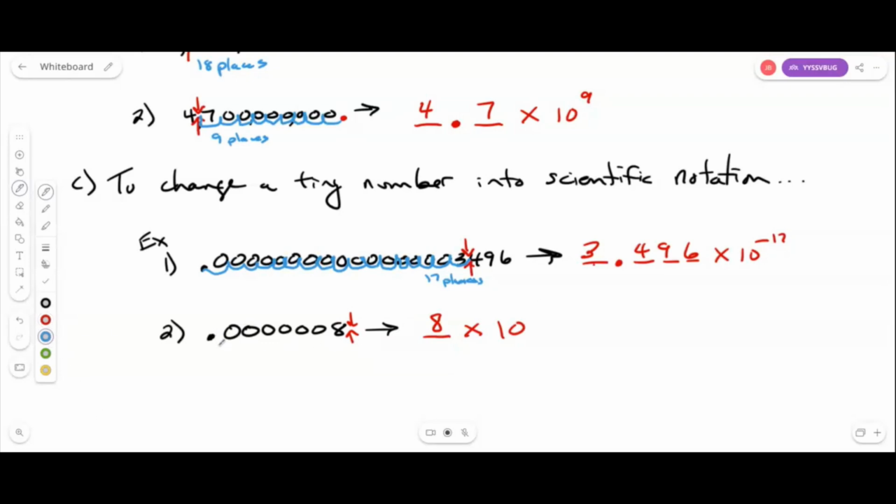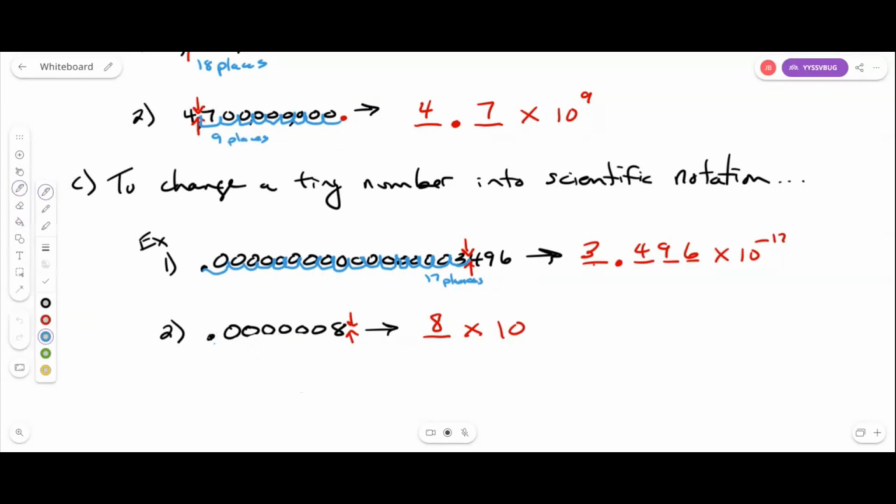But we count how many places the decimal point had to move to get there. And I want you to notice that as I'm counting, I'm trying to go up in between the zeros so I don't lose count. A lot of people don't count carefully and end up missing the count because they're not being careful about counting the number of decimal places.